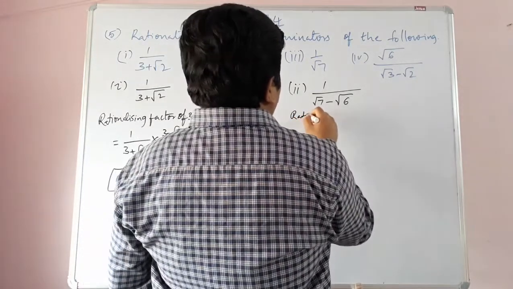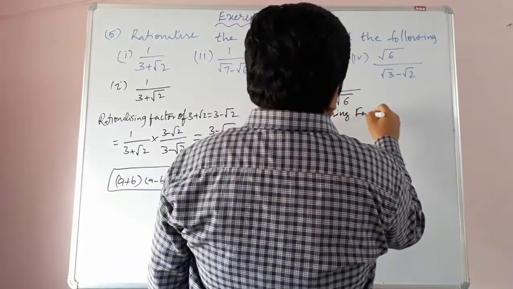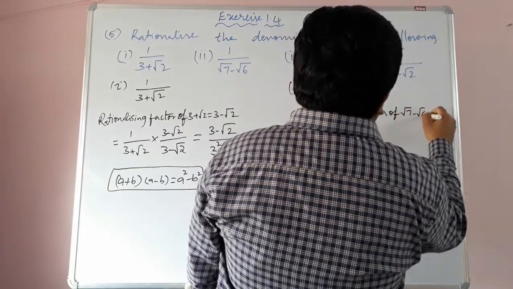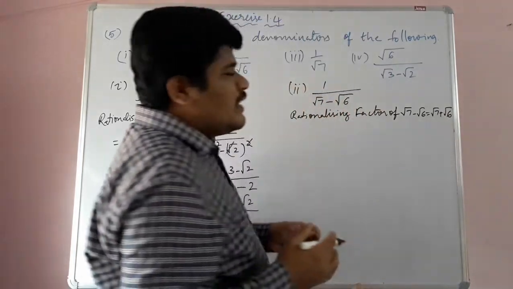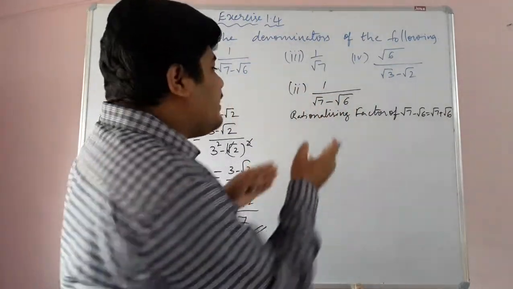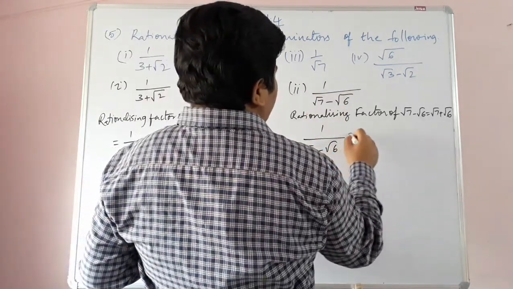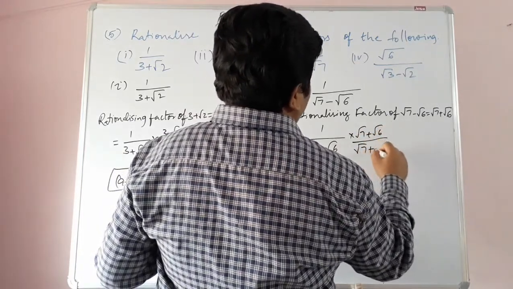So the rationalizing factor of root 7 minus root 6 is equal to root 7 plus root 6. Now we need to multiply this expression with root 7 plus root 6 by root 7 plus root 6. So 1 by root 7 minus root 6 into root 7 plus root 6 by root 7 plus root 6.